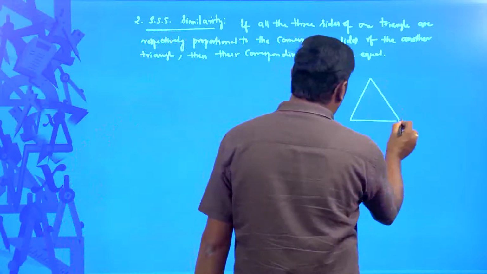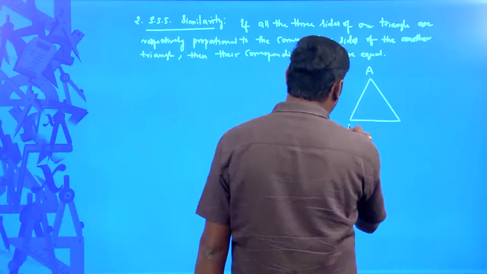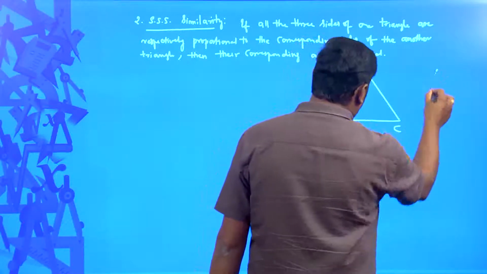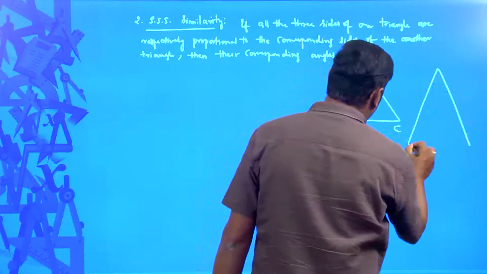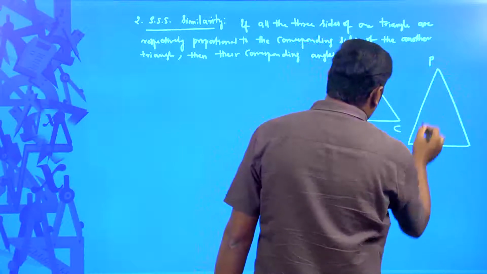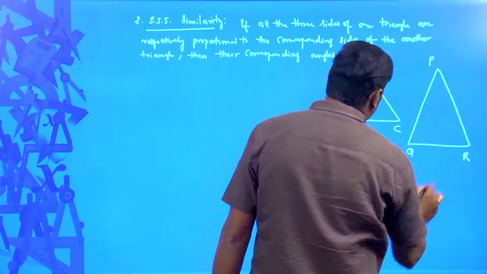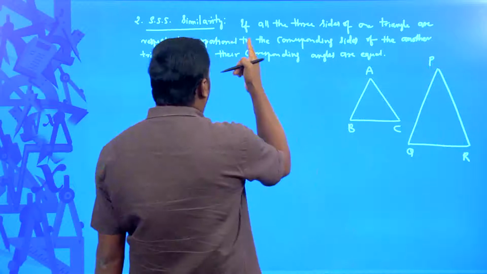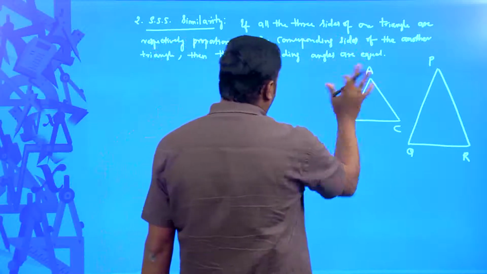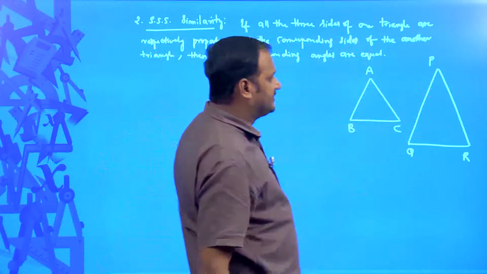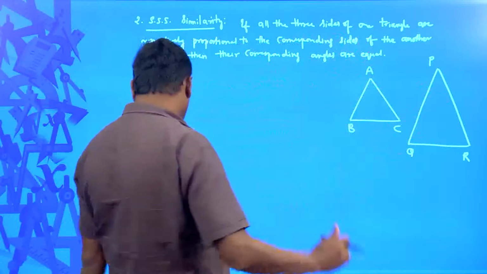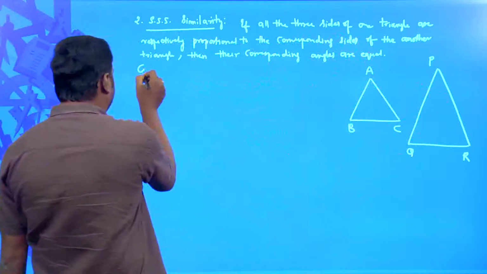See, I am taking again a pair of triangles. So this is one triangle, let us say triangle ABC, and another triangle, let it be triangle PQR, such that sides of one triangle ABC are proportional to the sides of the other triangle PQR. I will write what is the information given in the statement.